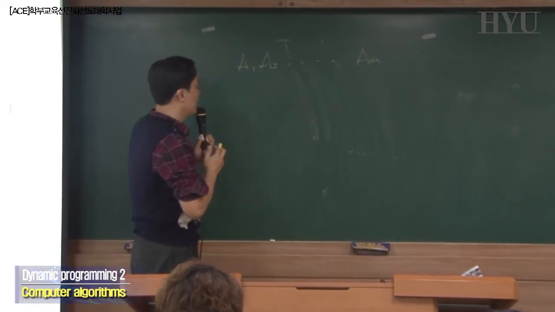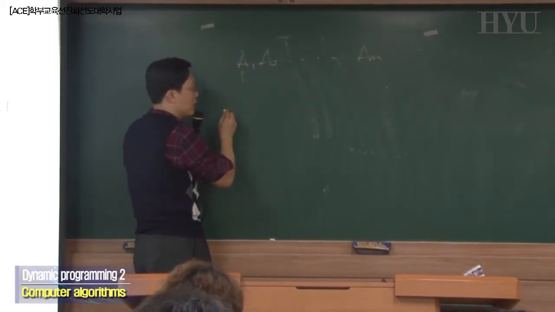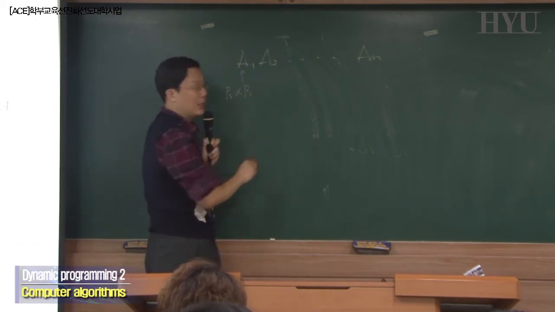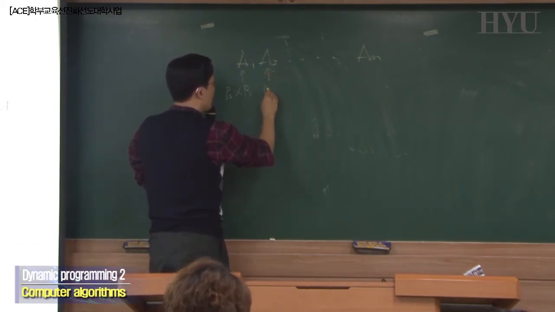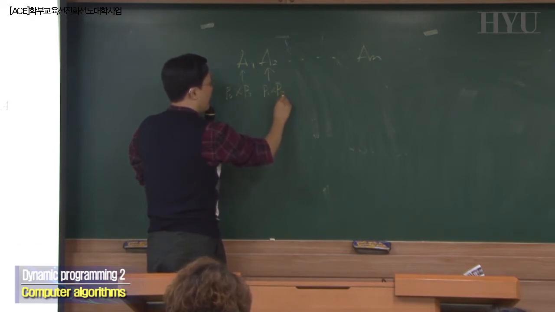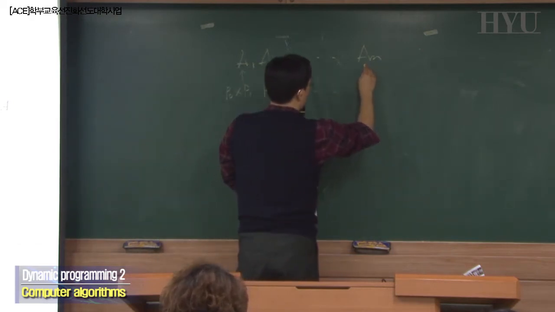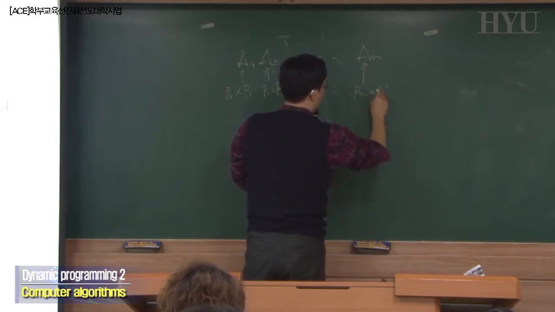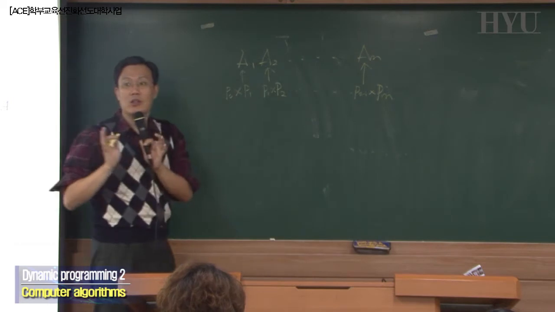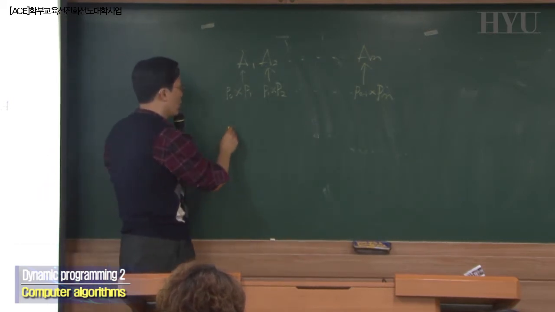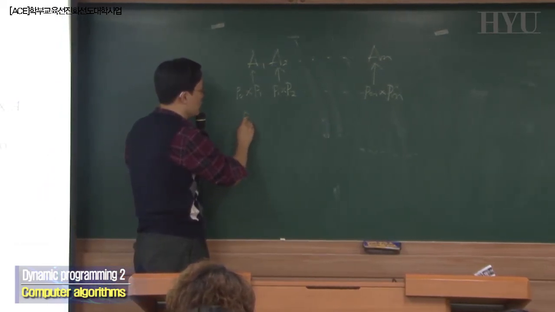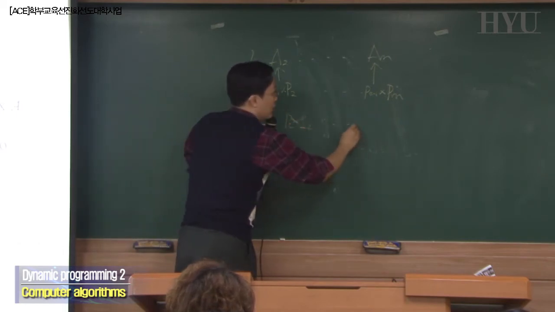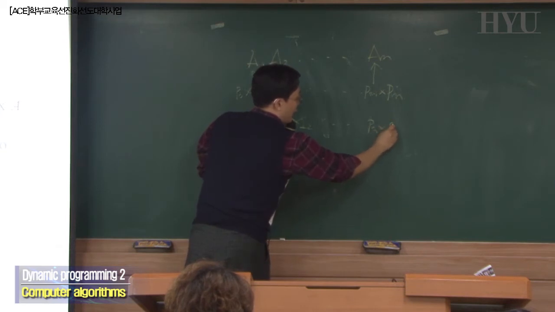The dimension of A1 is P0 by P1, and the dimension of A2 is P1 by P2. Similarly, the dimension of An is Pn-1 by Pn. Usually, we use the notation P1 by Q1, P2 by Q2, and Pn by Qn.